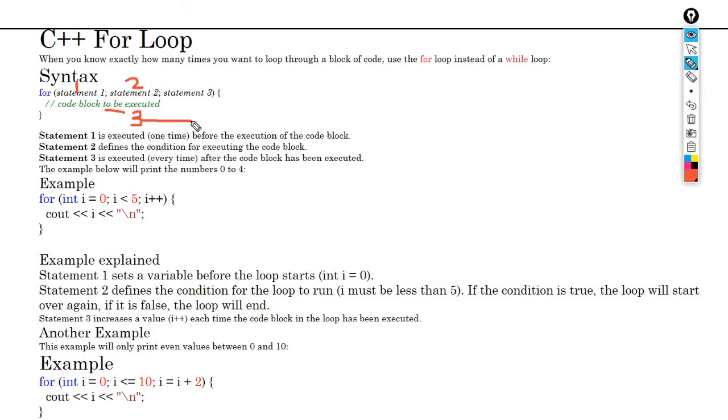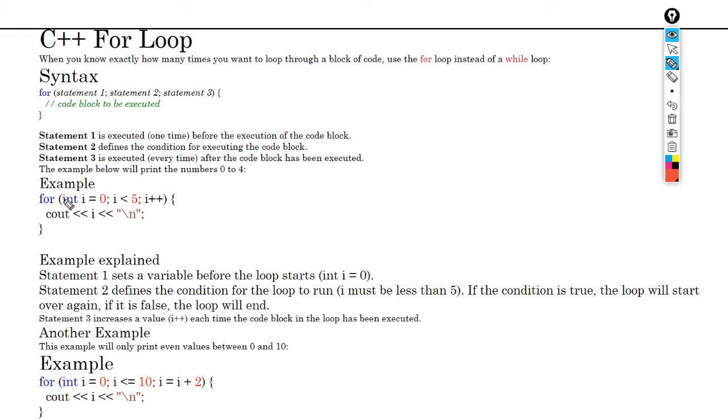Then again it will go back, and this is your fourth step, that is it will increment or decrement the value. Then again it will check the condition, this will be the fifth step. Again if it is true it will execute this and again increment or decrement, likewise. This for loop goes on repeating till the condition becomes false.